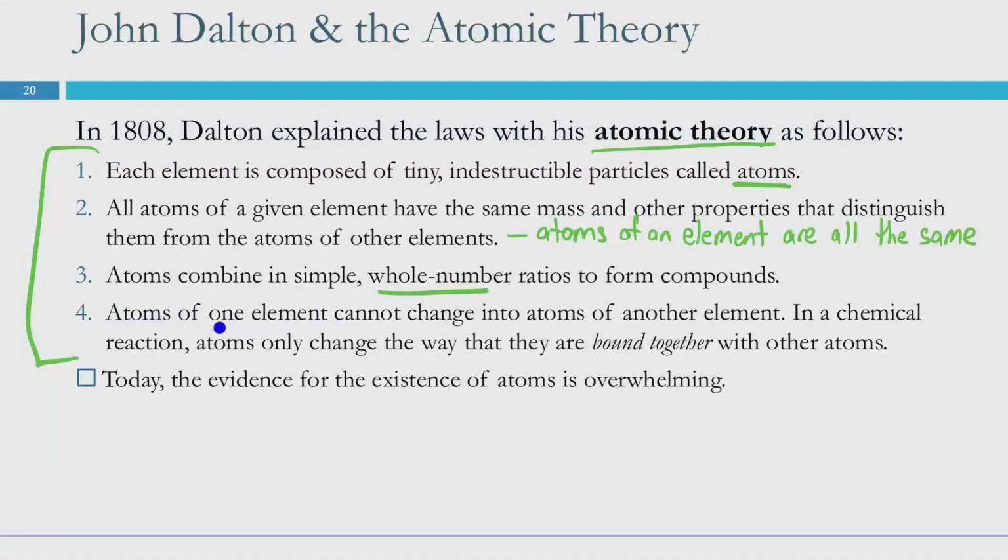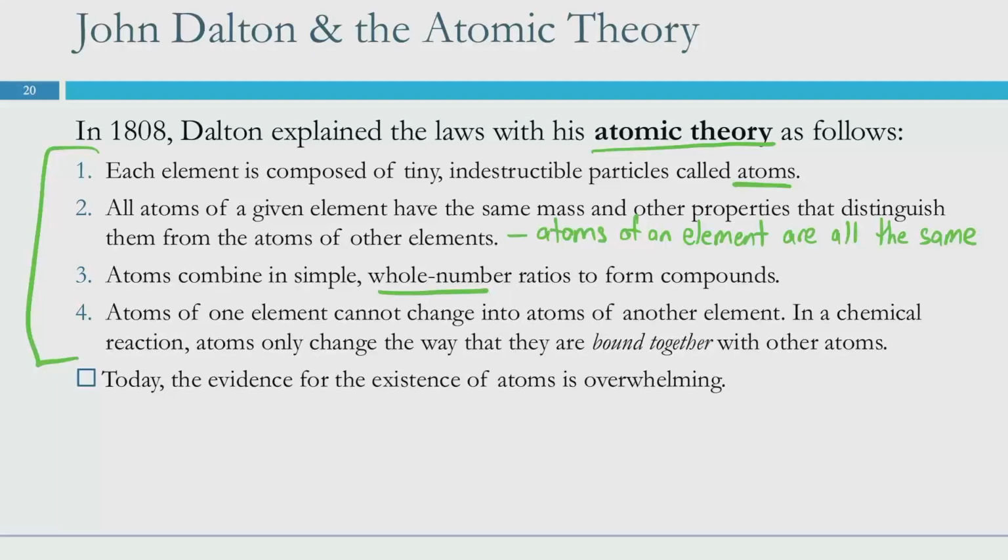Atoms of one element cannot change into atoms of another element. This is what people were trying to do with alchemy, that thing they reference in The Office, right? Hg there, mercury, is right next to gold, Au. For the longest time, people were like, maybe we can turn other elements, especially lead, into gold, and then they'll be much more expensive.